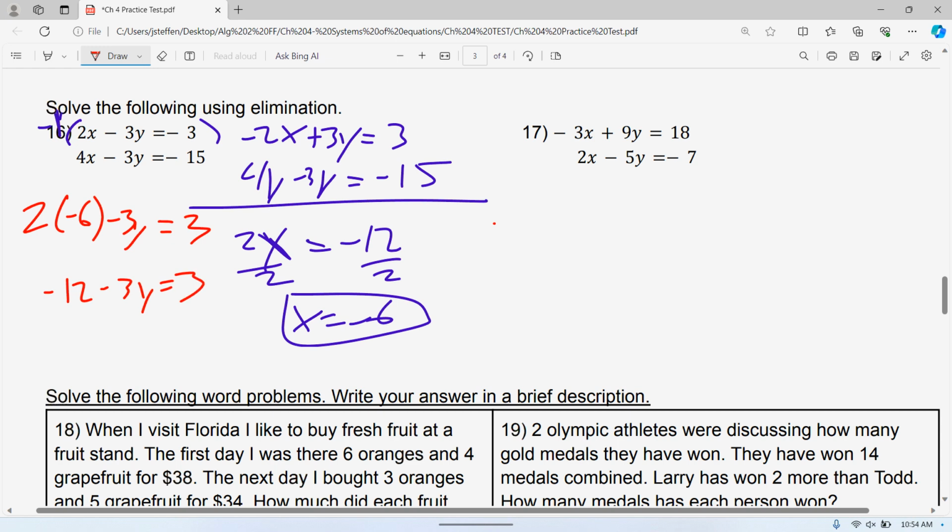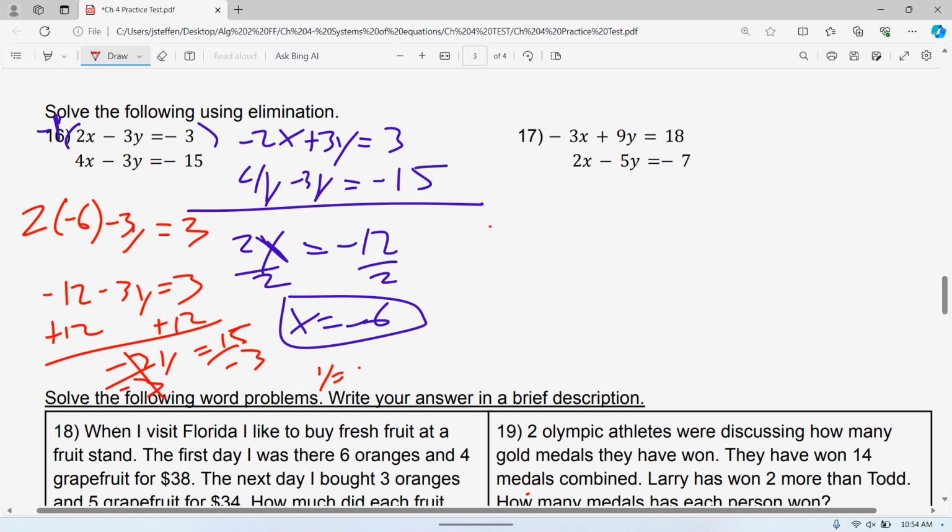My game today. -5, so your answer for this one, what did I mess up on? To be negative.